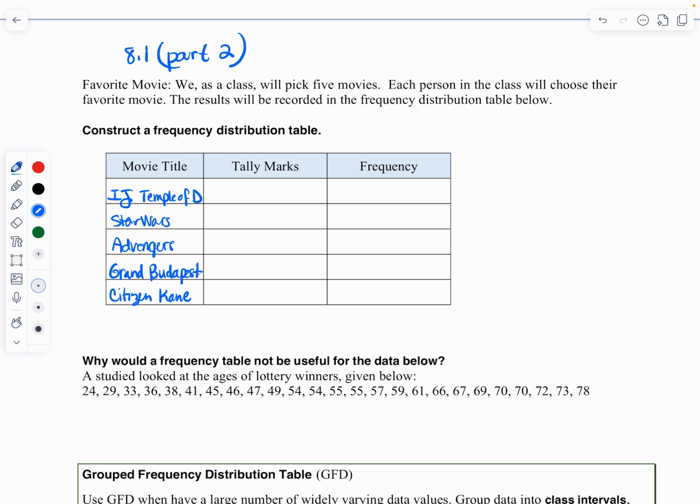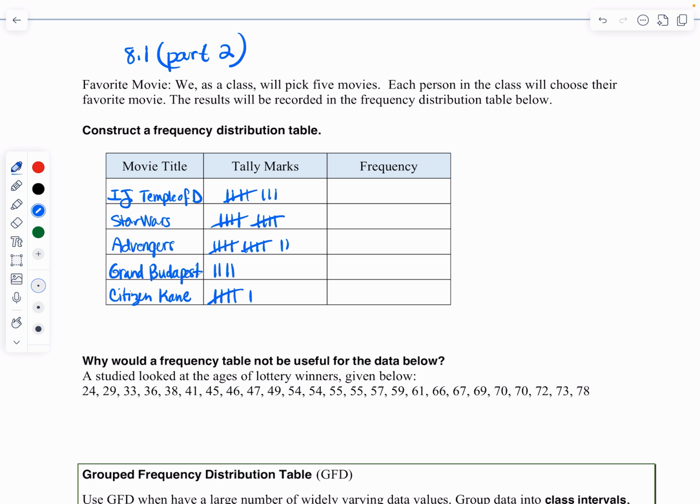Okay, so tally marks, I'm just going to make these up. So I'm just randomly writing stuff down. Okay, so tally marks are how many people, when I went around the room and asked them, hey, what movie do you like?